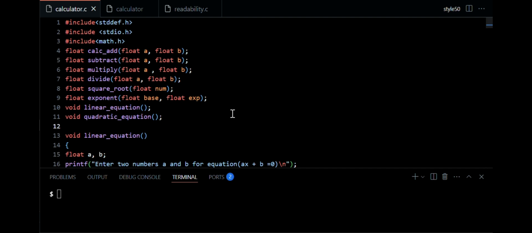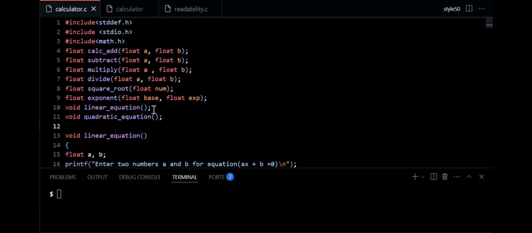calculator.c. Yes, I did C programming there, and this is actually an advanced calculator which can solve basic calculations plus some advanced calculations too. It can do addition, subtraction, multiplication, division, square root, and exponential.